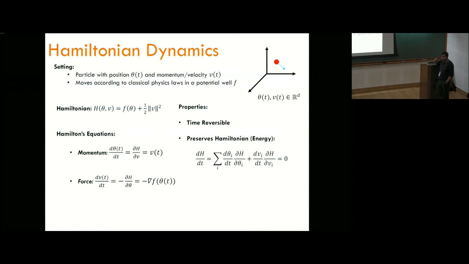This is completely trivial. So Hamiltonian trajectories preserve the Hamiltonian. This is the first invariant.